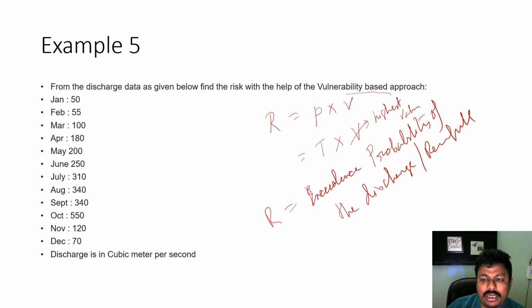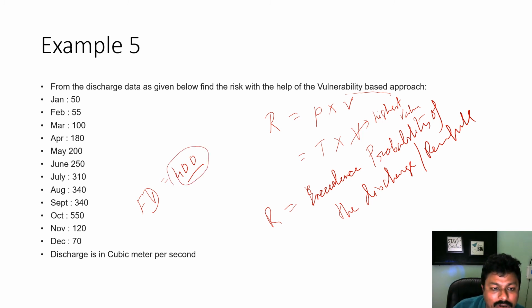What is the probability that the value of discharge will exceed the vulnerable discharge? That means if the flood discharge is 400, then what is the probability that this discharge will exceed the vulnerable discharge of 400?